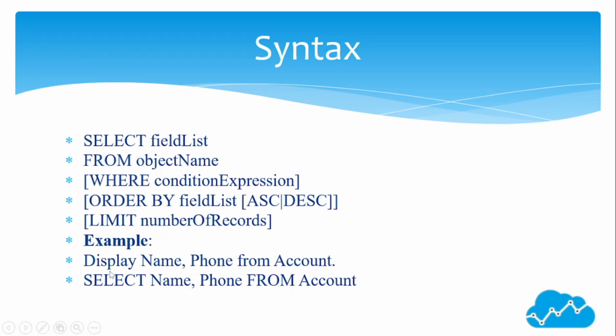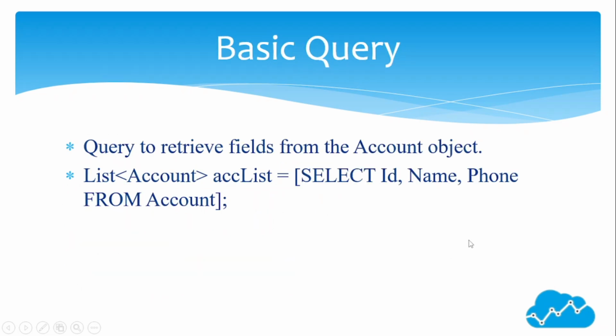For example, display name and phone from account. For this we have to write the query: select name, phone from account. Basic query: query to retrieve fields from the account object.